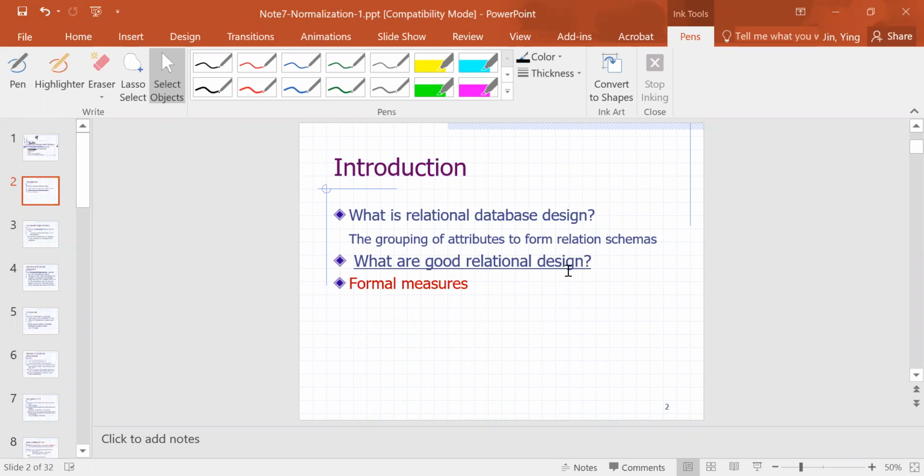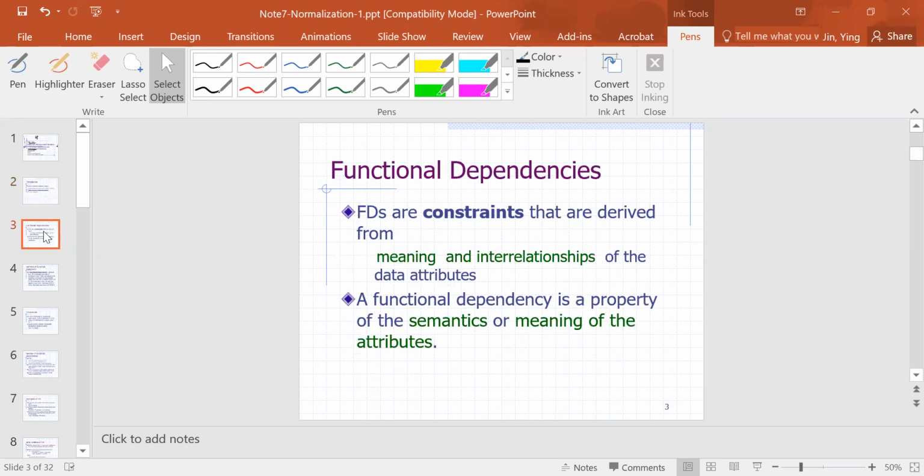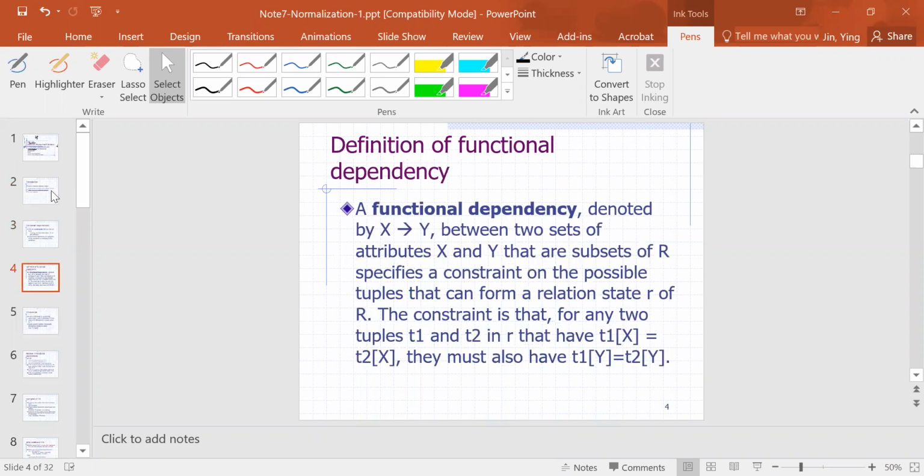And the question is, what is a good design? Okay, how can you evaluate them? So when we evaluate them, we use formal measures, and that's called the normal forms. And in order to do normal forms, we have to start with something called functional dependency.